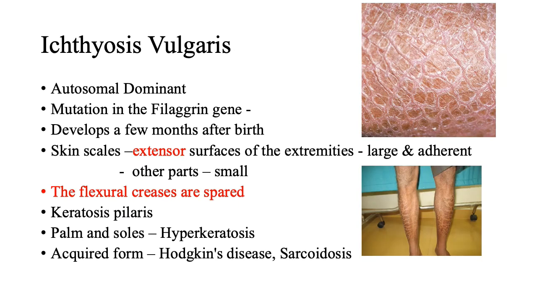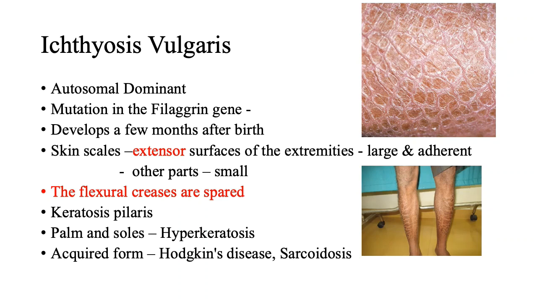Ichthyosis vulgaris is a major variant of ichthyosis which is transmitted in an autosomal dominant pattern. A mutation in the filaggrin gene gives rise to this disease. It develops a few months after birth. The patient develops scales on skin which are large and adherent to the extensor surface of the extremities.